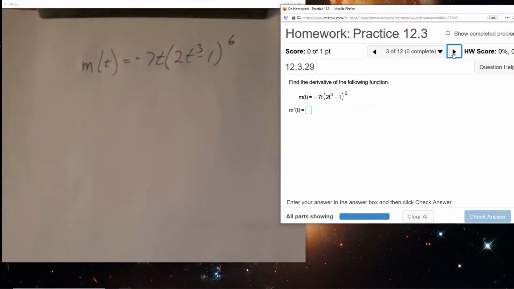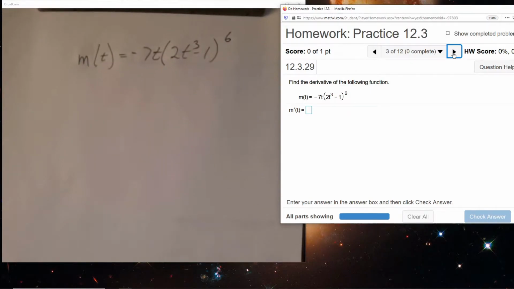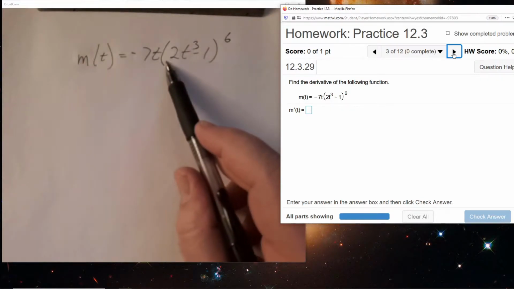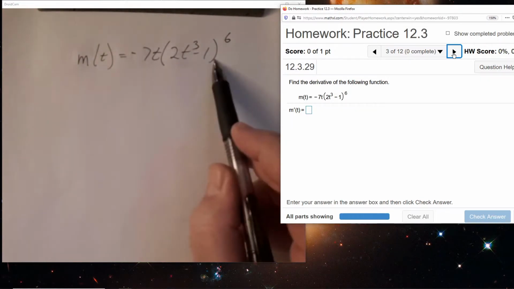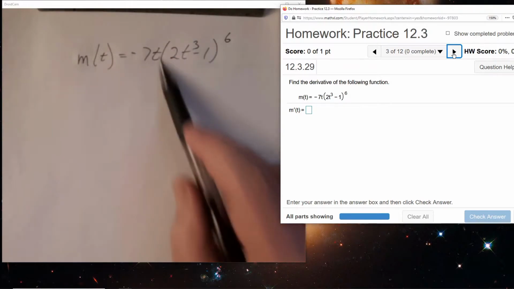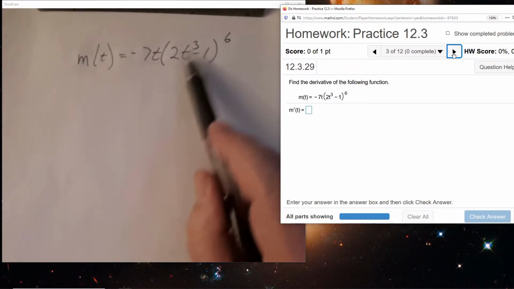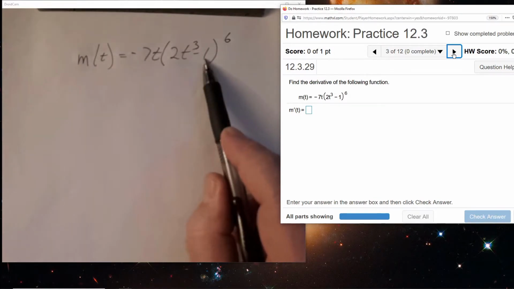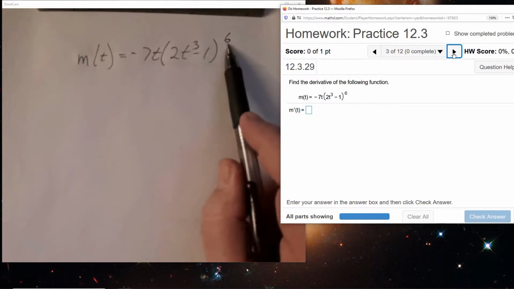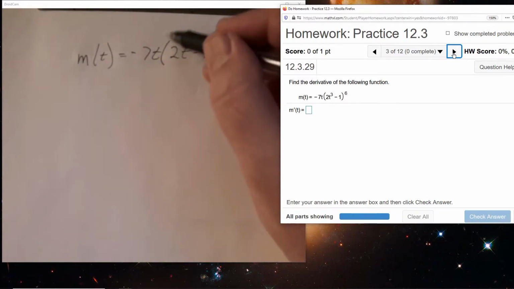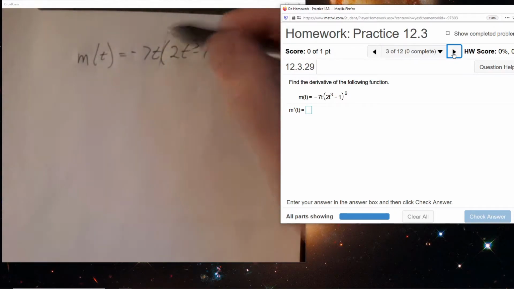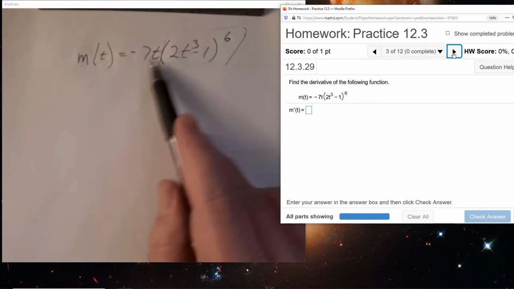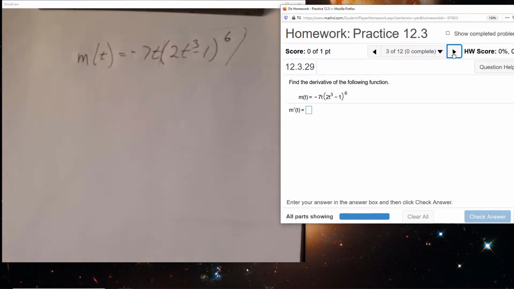So the first thing to notice is that there's more here than just the chain rule. So in the parentheses is where the composite function is. You have 2t cubed minus 1. This is a power function inside this power function. And all of this is being multiplied to another power function.